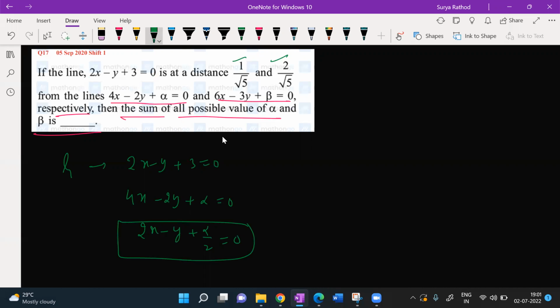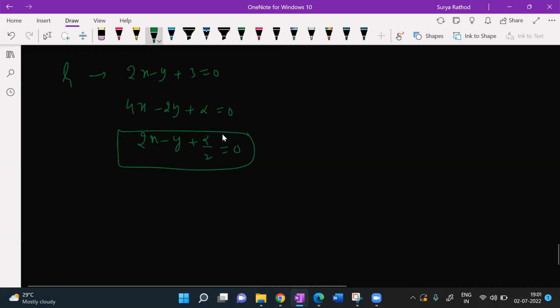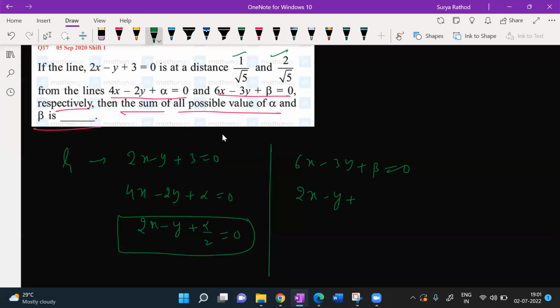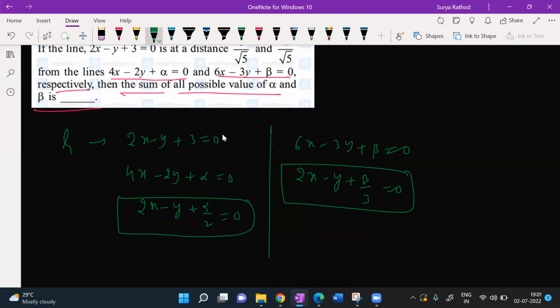Look at this. Now similarly 6x minus 3y plus beta is equal to 0. To make it equal, what I have to do is divide by 3. So 2x minus y plus beta by 3 is equal to 0. Correct? Yes, this is my line with beta.